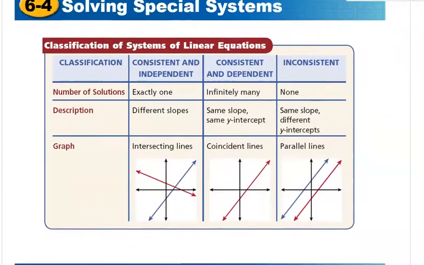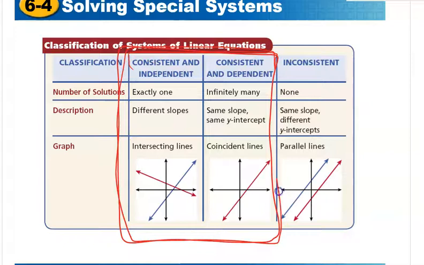And here's a breakdown of all of that. If that's confusing for you, you can look in your book as well. So you have your consistent options, which has at least one crossing point. And within that, you have the independent, which is one crossing point, or the coinciding lines, the same line, that has all the solutions, infinite solutions. And that would be dependent.